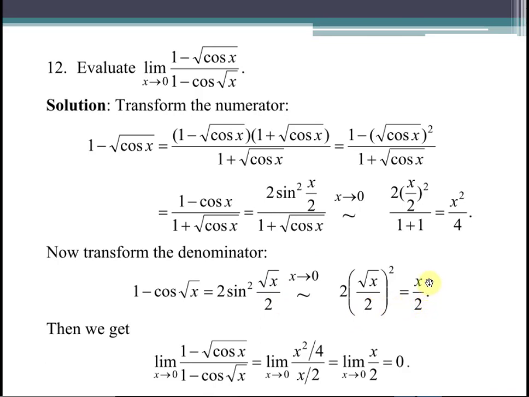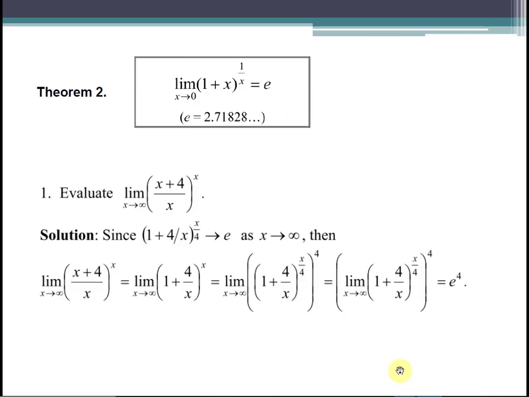And we get the answer x over 2. The first one was x squared over 4. The top and the bottom is x over 2. Just put the corresponding expressions instead, and we got the answer x over 2. And as x tends to 0, it tends to 0. And now, theorem number 2.